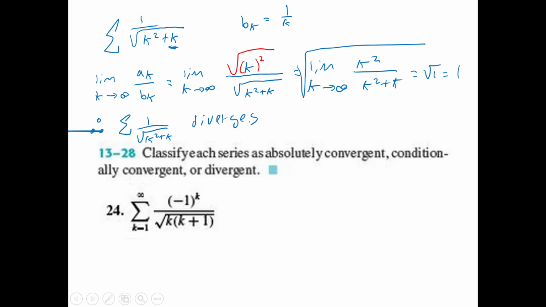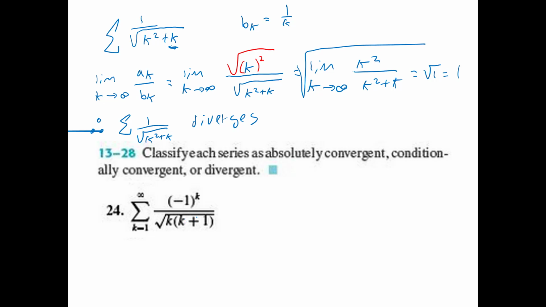So it's not absolutely convergent, that's what that just showed, but it could still be conditionally convergent if the original series converges. But I'm not going to go through it because it should be fairly clear. It's alternating, it's decreasing, the denominator just keeps getting bigger and bigger.